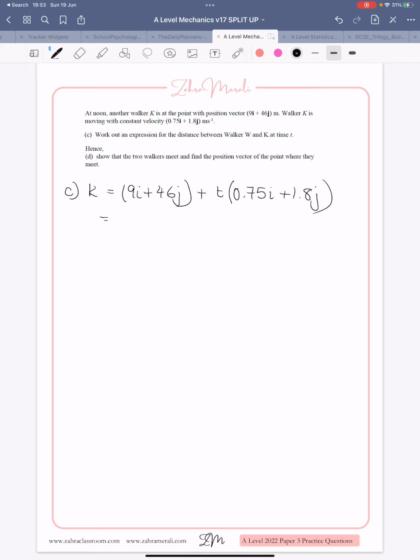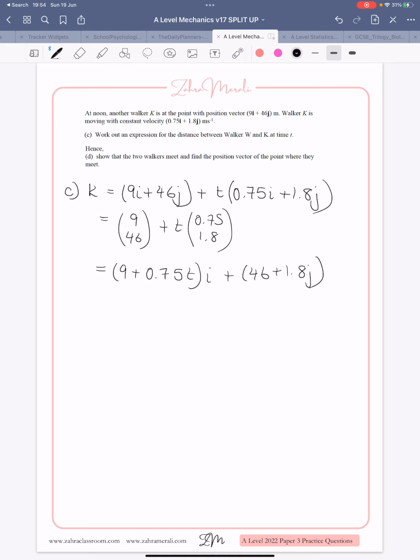You could have written this, if it's easier for you to see, as a column, right? And then you can put your i's and j's together. We want an expression for the distance between them.